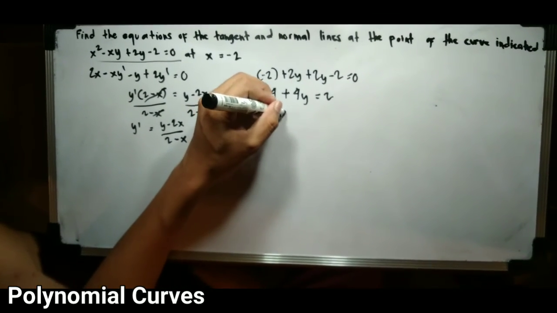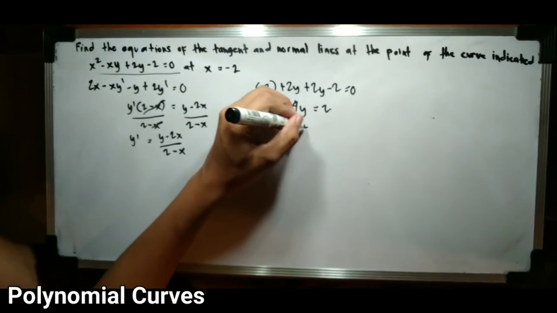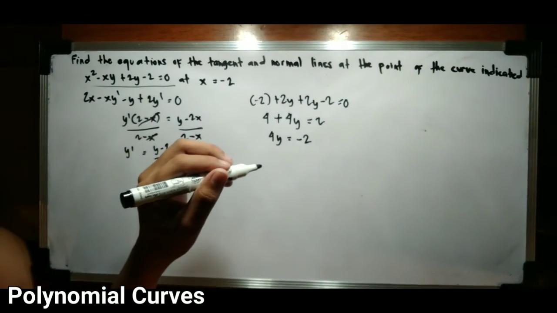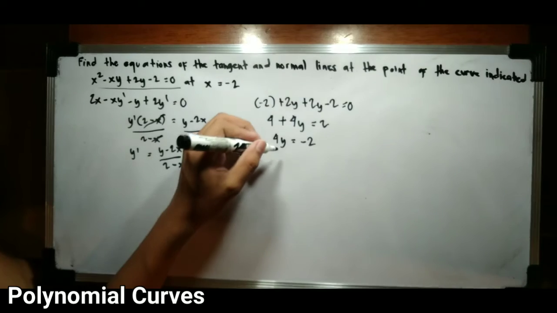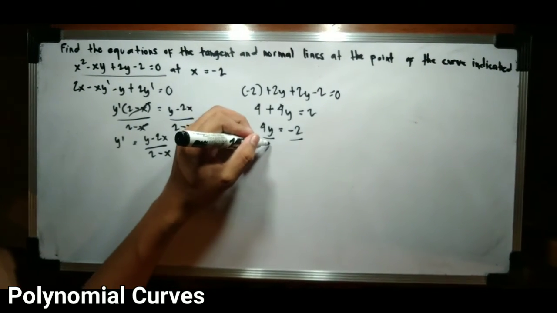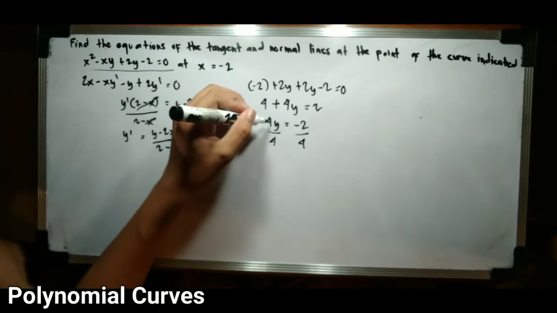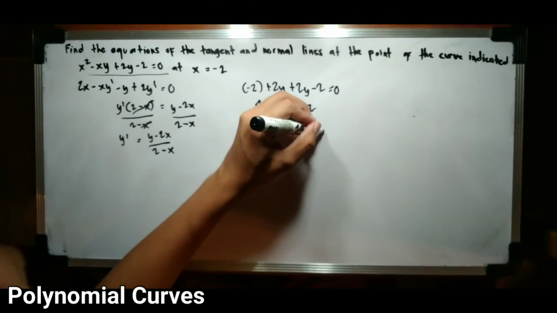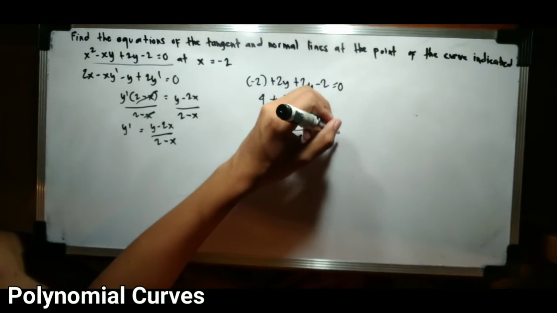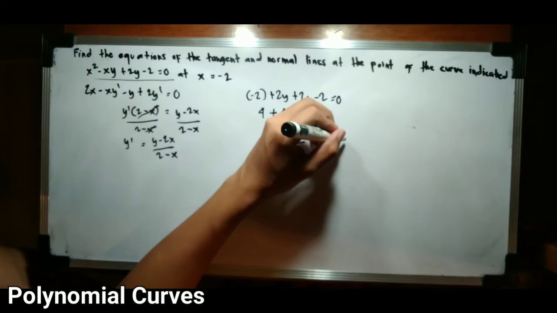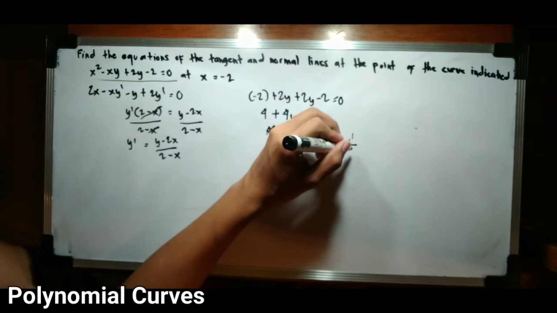So this will become 4y equals negative 2, because 2 minus 4 equals negative 2. Then to isolate y, we divide both sides by 4, then cancel the 4, and we will have y equal to negative 1 half.